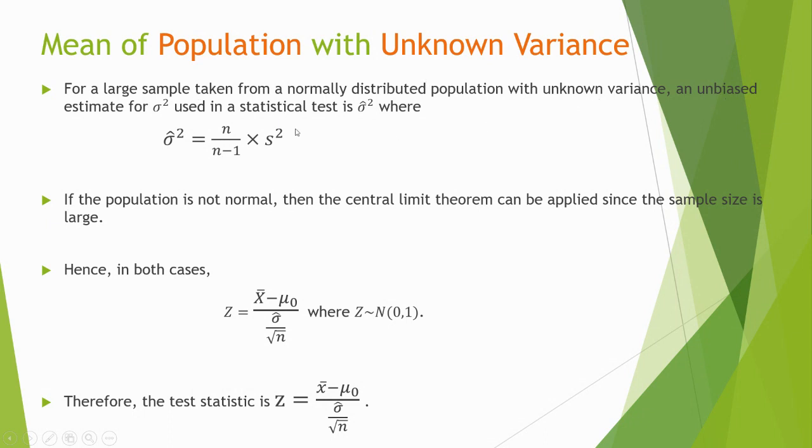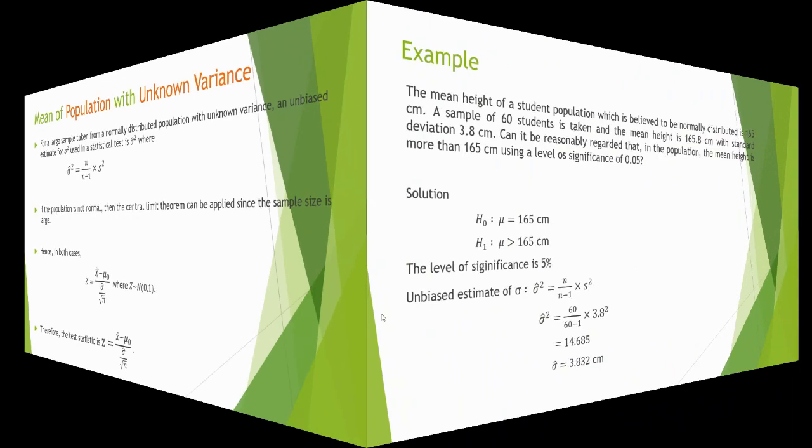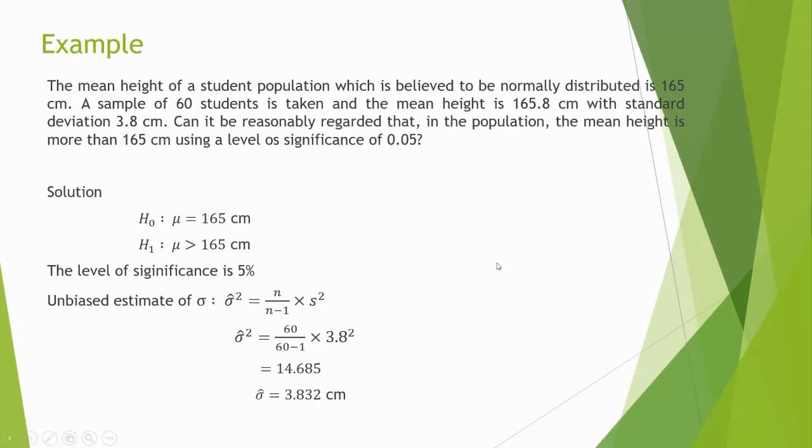For a large sample taken from a normally distributed population with unknown variance, the unbiased estimate for sigma square used in a statistical test is sigma bar square, where sigma bar is given by this. If the large population is not normal, the central limit theorem can be applied since the sample size is large. So in both cases it is the same: x bar minus mu, the formula and the test statistic are the same. Let's look at an example.